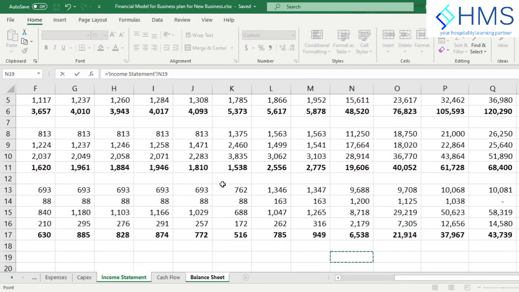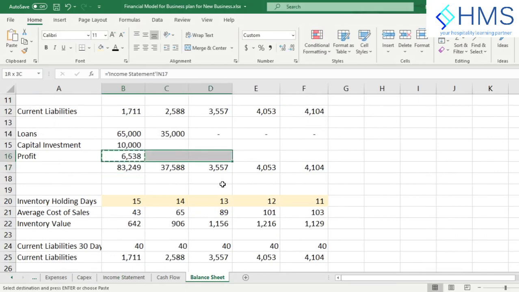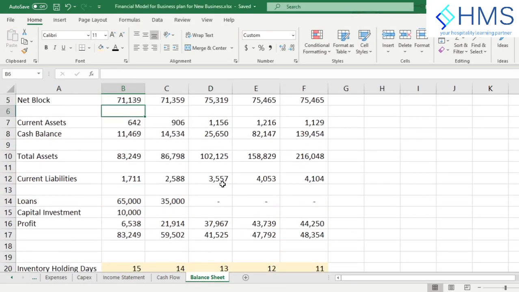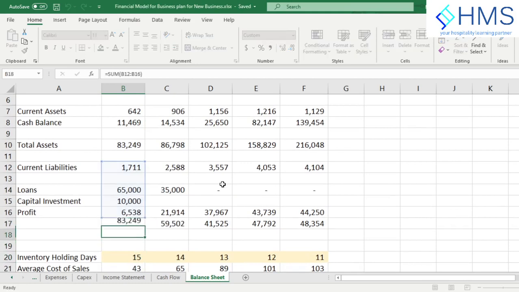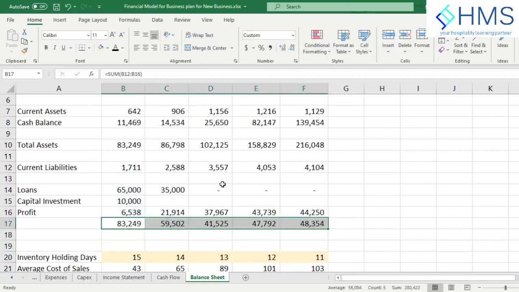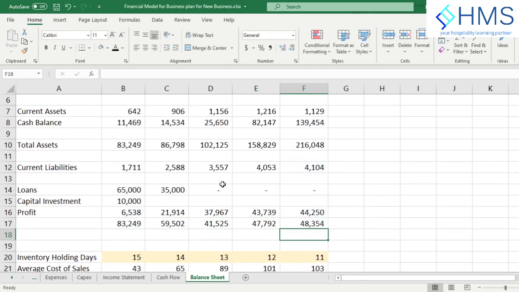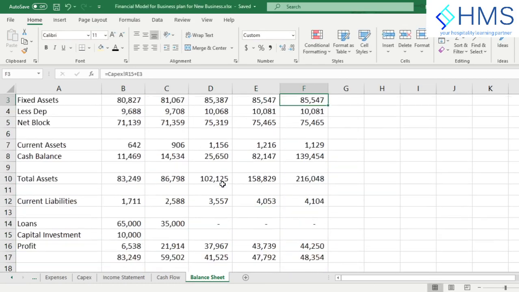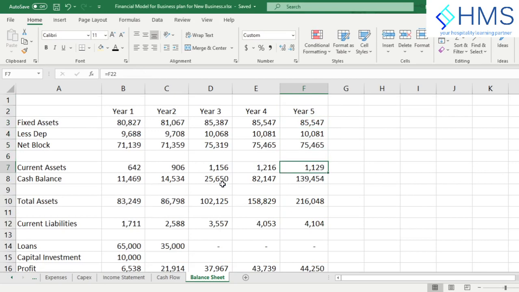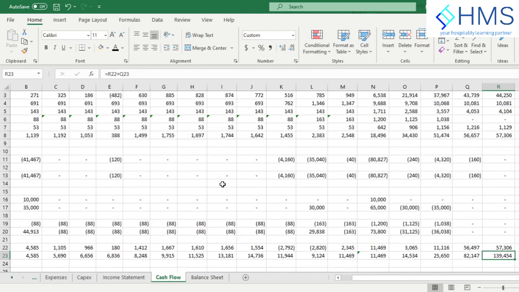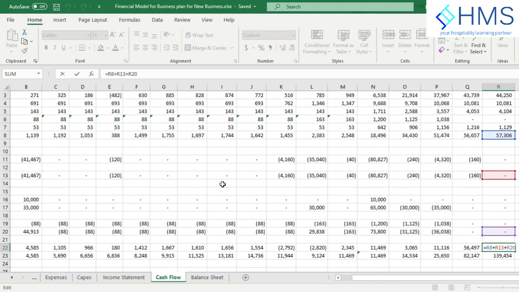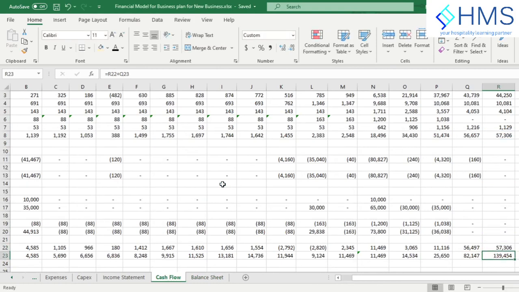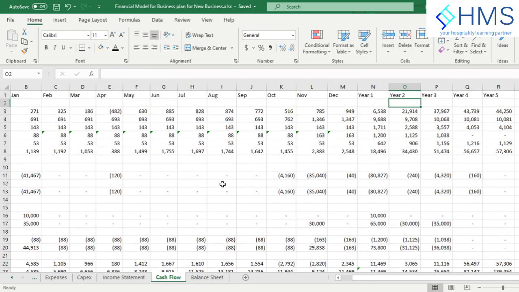Year one is only $6,000. Oops, yeah, my mistake. I think the cash flow was not correct.